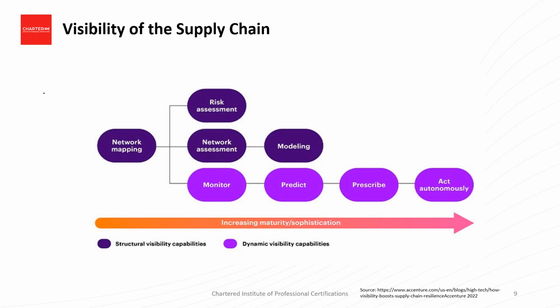Finally, this visibility allows organizations to model their supply chains to make informed decisions and strategic plans. By understanding the intricacies of their supply chain, organizations can identify opportunities for improvement, make strategic investments, and develop contingency plans to mitigate potential risks.